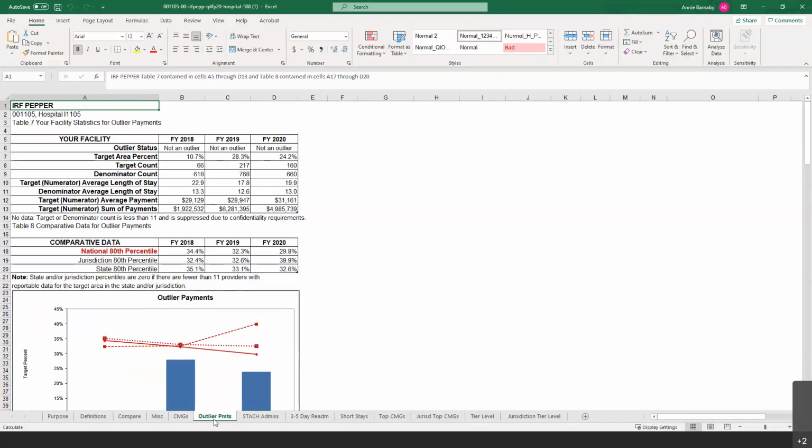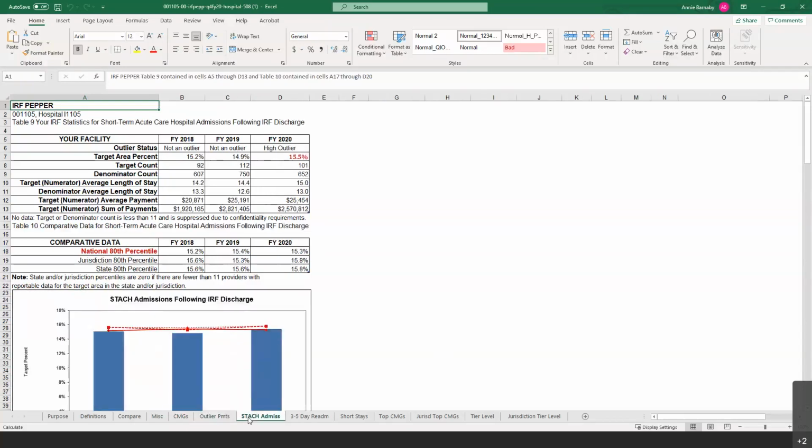Outlier payments target area, no red bold font here. Here we see that red bold font in that first chart for FY 2020. This is the target area short-term acute care hospital admissions following an IRF discharge.